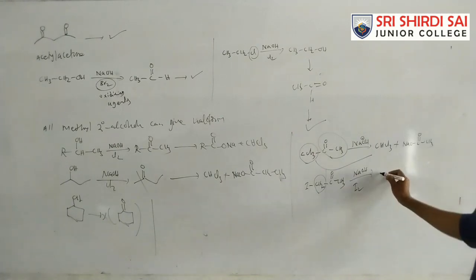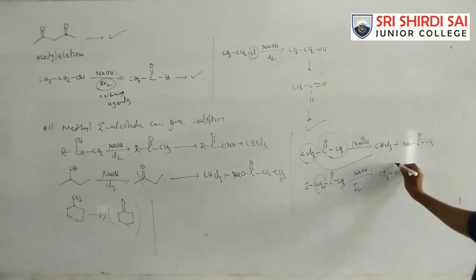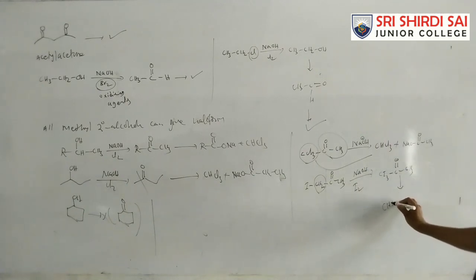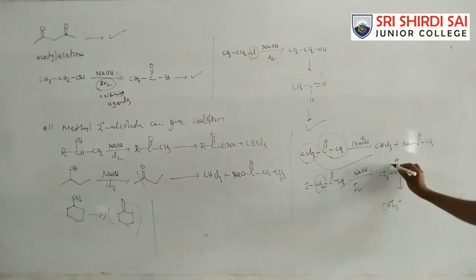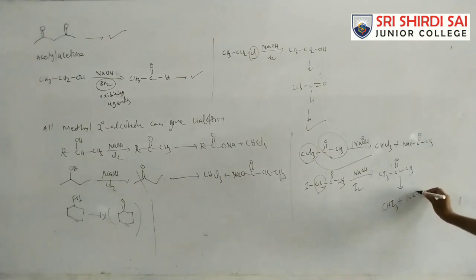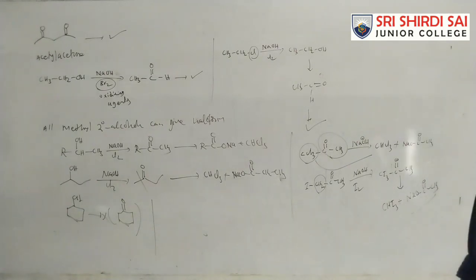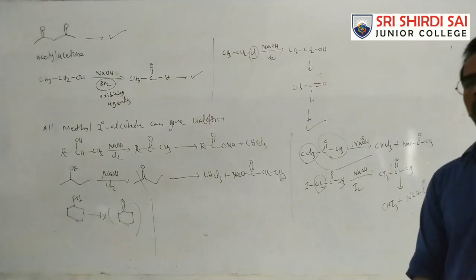That means CI3-C=O-CH3 is now dissociated to CHI3 plus NaO-C=O-CH3. So that is about the iodoform reaction. It's a very, very important reaction. Generally, we just have to identify which compound can give the iodoform.